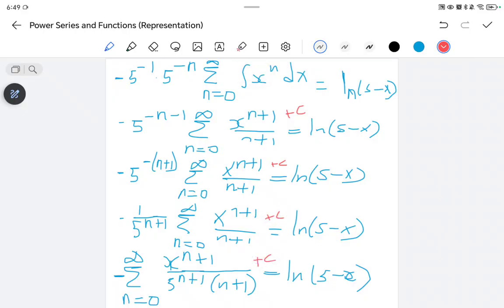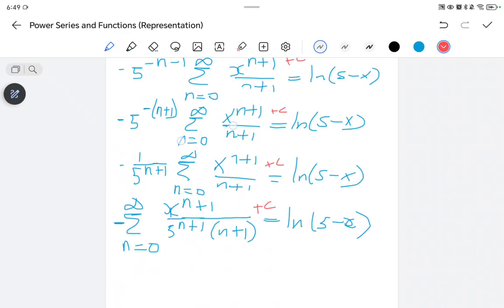Then the question is, how do you find the c? For the time being, we can just stay away from the c. I'll write it in red here so you can see. If you find other books, they write plus c, you should know where it's coming from. It's coming from the integration.